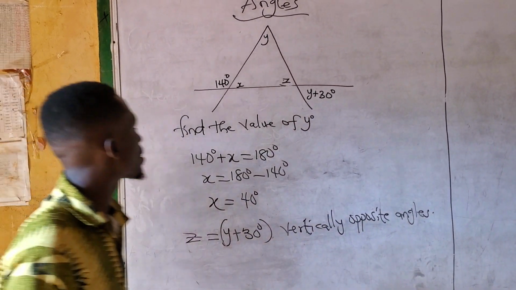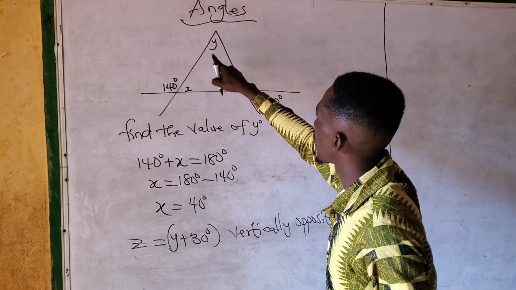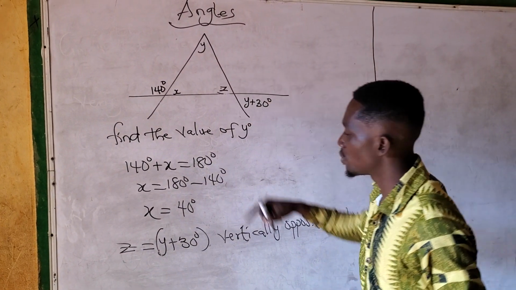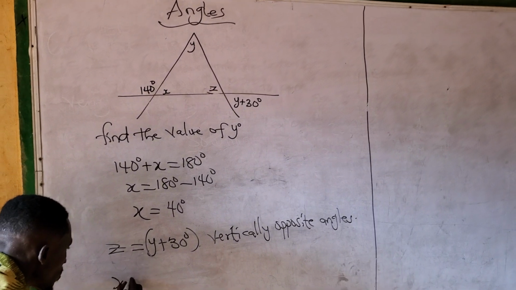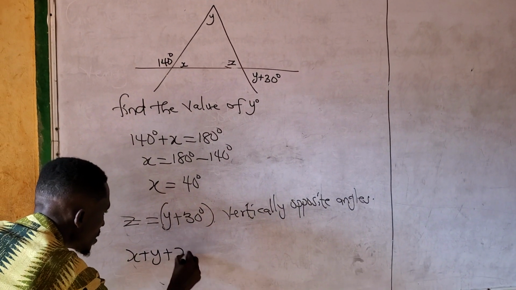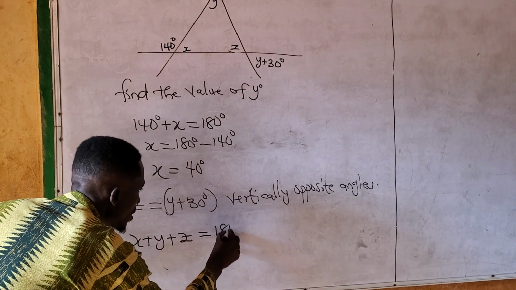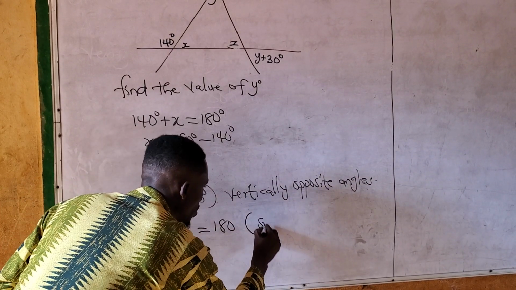So we can also say that x plus y plus z must be equal to 180 degrees. That is sum of angles in a triangle.